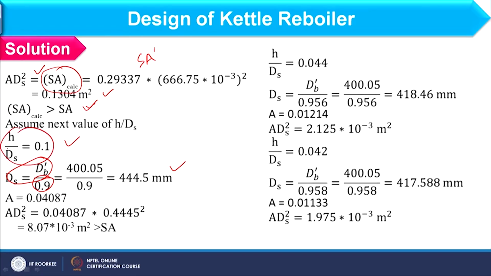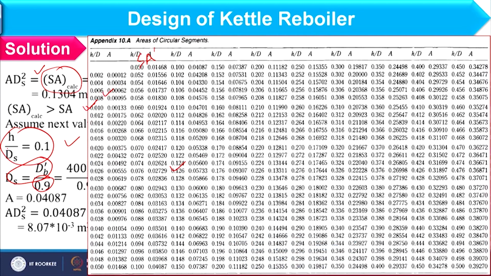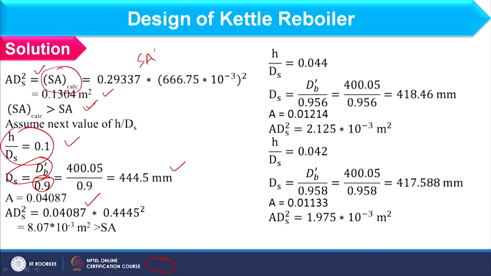For this ratio H by ds as 0.1, we can find out the segment area factor as 0.04087. You can see the value over here. SA calculated you can find as 8.07 into 10 raised to the power minus 3, and that is again more than SA.